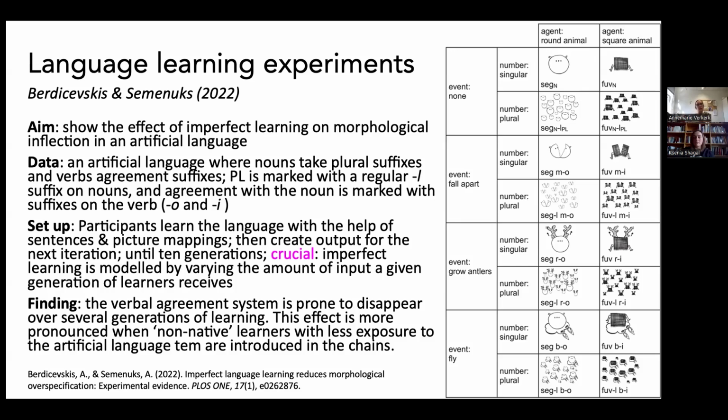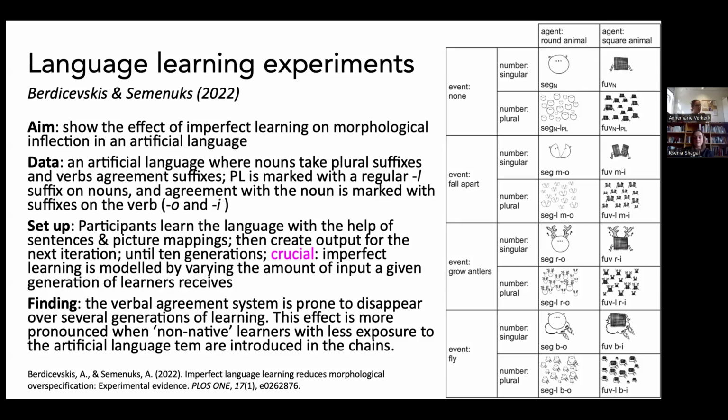What's crucial here is that they do have different groups where they have imperfect learning. Some participants are given only a very limited amount of learning, and they have basically not acquired the full artificial language, but they still have to create output, right?